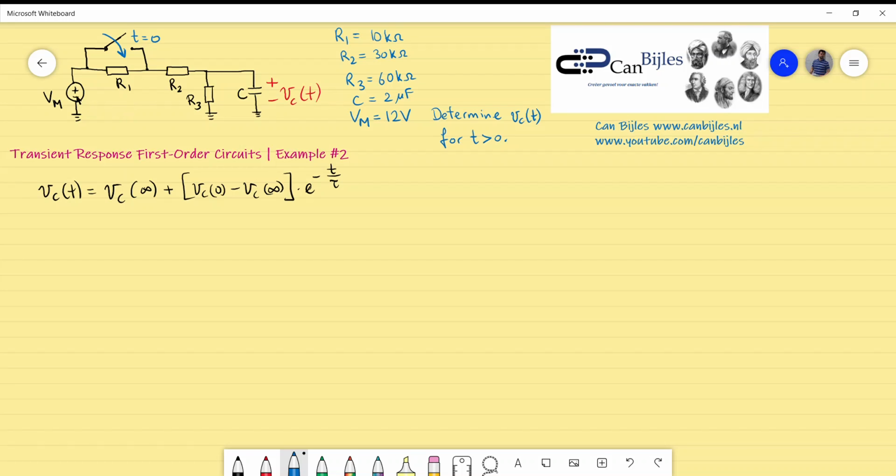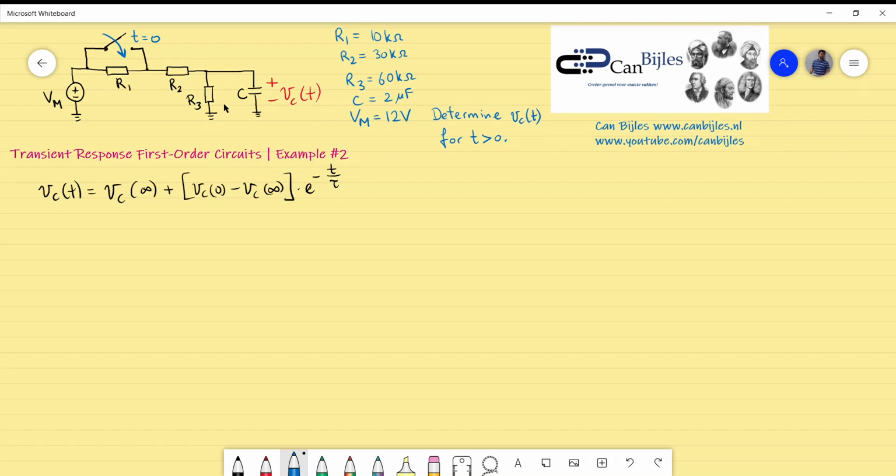So you look at the circuit before the switch closes. The switch is still open, and circuits are running for a long time. In that case, the capacitor voltage can be determined. Now, how can you determine the capacitor voltage for this condition? If the circuit is running for a long time, the current through the capacitor will be 0, but the capacitor voltage will not be 0.